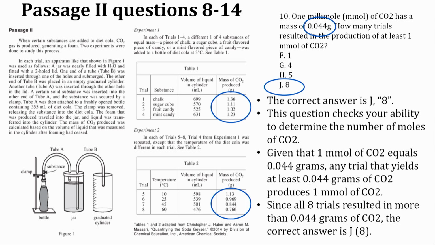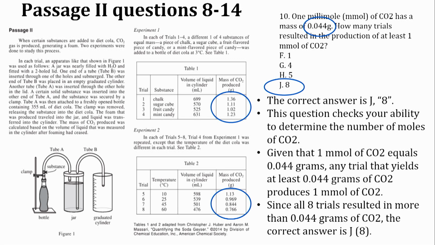So again, with this one, the important information is in the question itself. They're not assuming that you know how much a mole of carbon dioxide weighs. They are telling us what the mass is. It's 0.044.